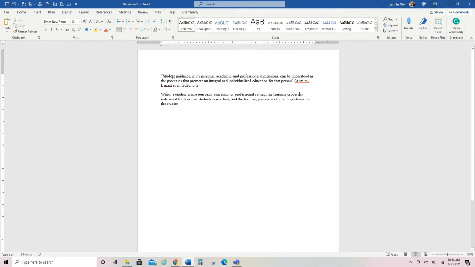So the way I'm interpreting this sentence is saying that when a student is in a personal, academic, or professional setting. So if they just want to learn something for themselves, like maybe how to change a tire, or they're in academics, so they're in a class, or they're at their job having to learn something, the learning process is individual for that student.